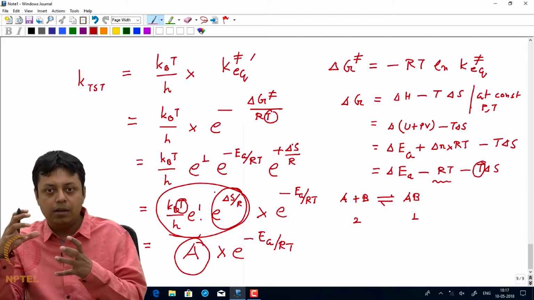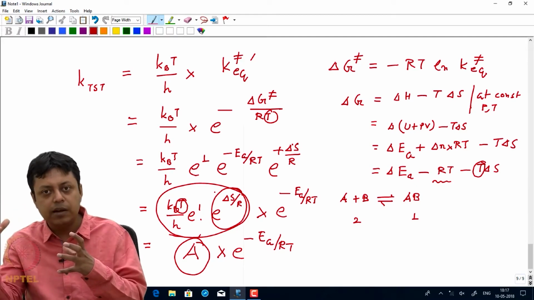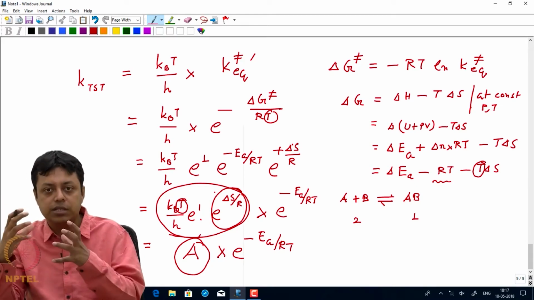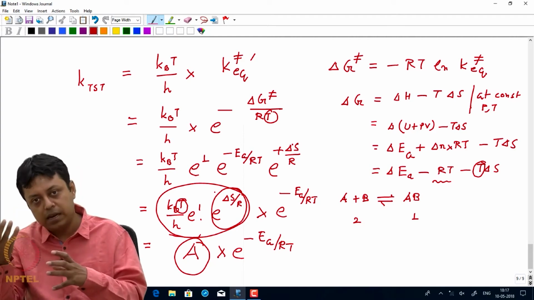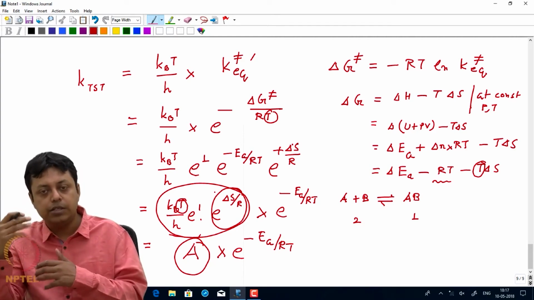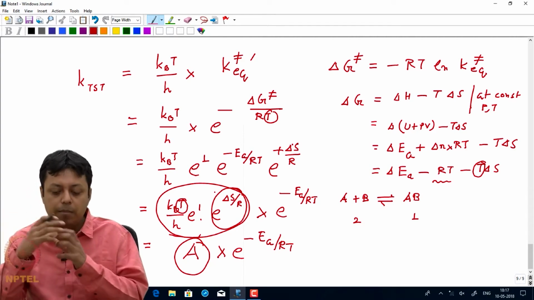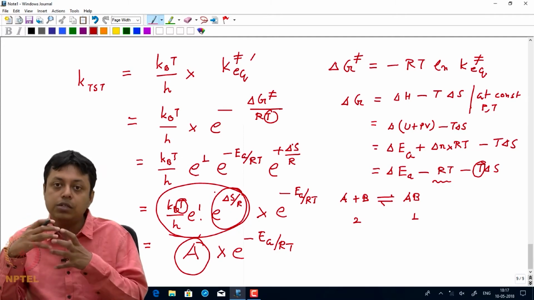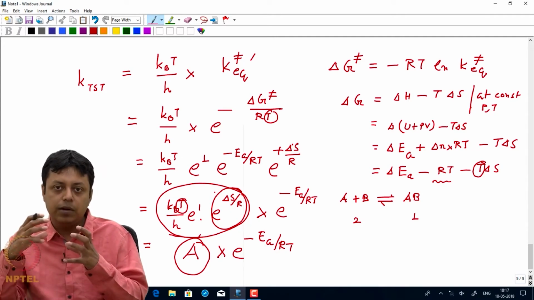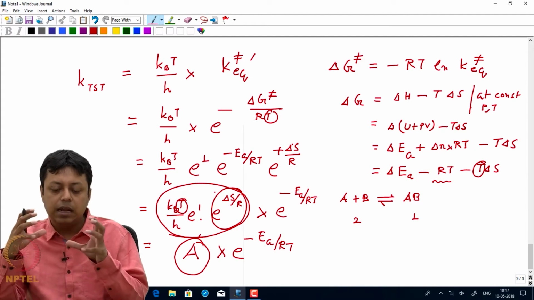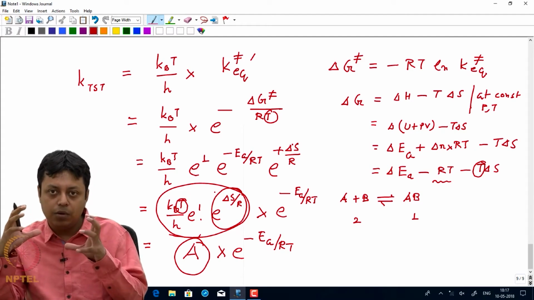But then you say that that energy factor takes care of the fact that not all collisions give you the products. Only those collisions which can cross a certain amount of energy will give you the product. But then we always overestimate the reaction rate. The meaning of the overestimation is this, that your transition state has to be nicely oriented.